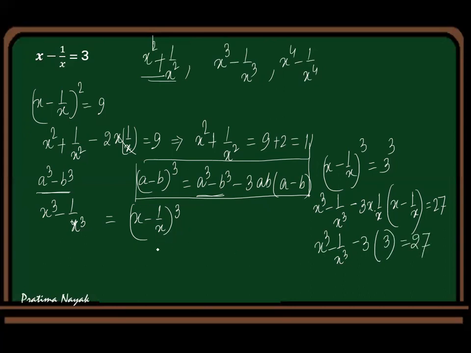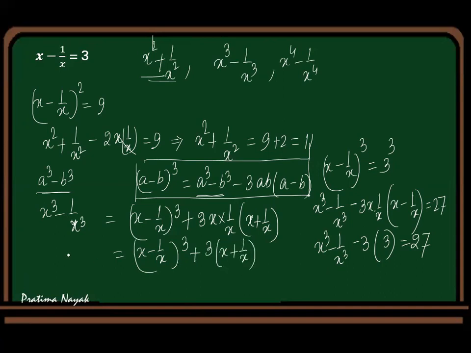So I can write x cube minus 1 by x cube. Here I am writing the formula: 3x into 1 by x within bracket (x minus 1 by x). No need of writing this one, directly you can remember this formula. It is plus 3 into (x minus 1 by x).